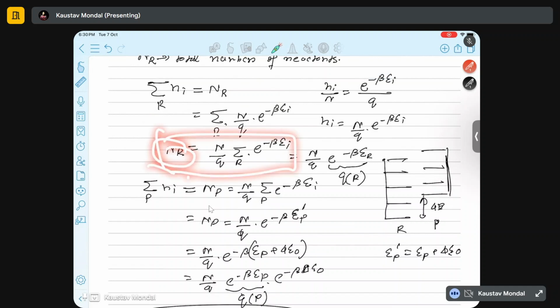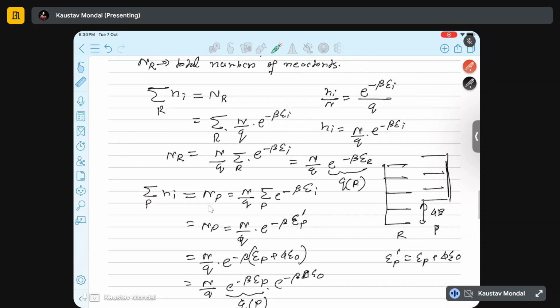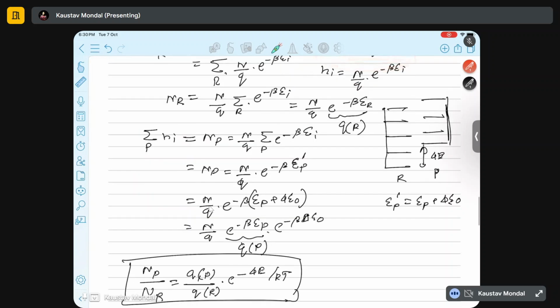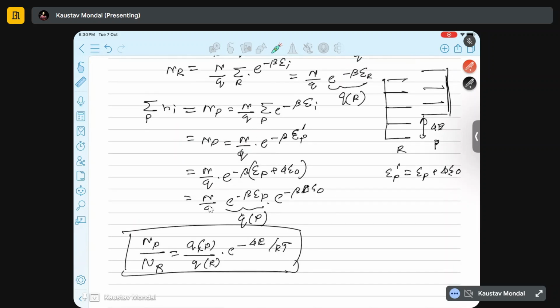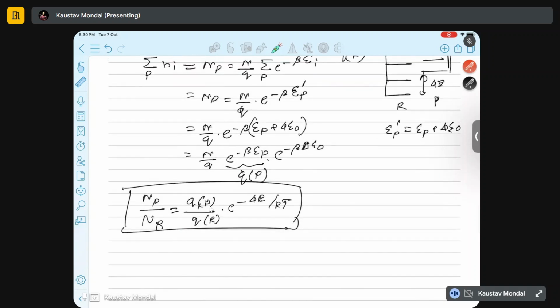To get this expression we used the Boltzmann distribution and summed over all the reactant molecules. Similarly, for the product molecules, we summed over all the product molecules, and using the Boltzmann distribution we got the total for the product molecules, having this kind of relation. Now from here we are taking the ratio of NP by NR, which gives you this relation.